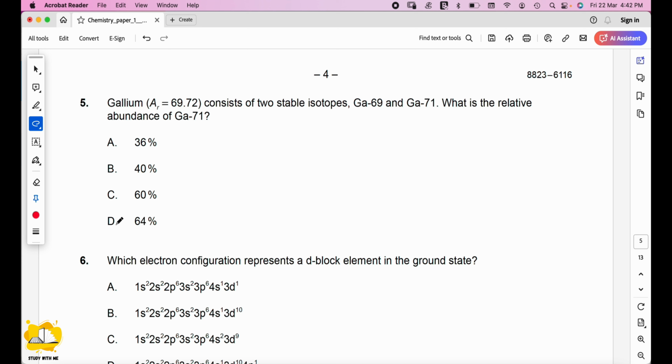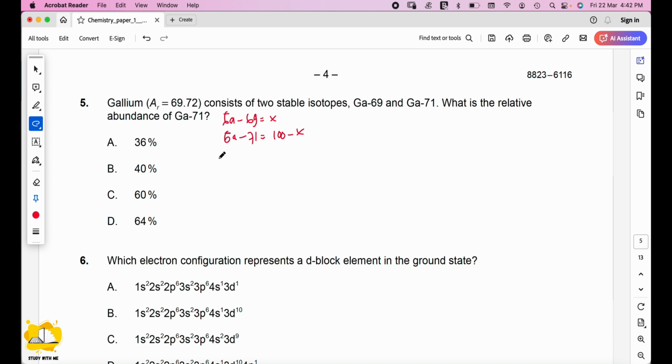For number 5, we will do a little bit of calculation as well. There are 2 isotopes, gallium-69 and gallium-71, with Ar 69.72. So let's make an example: gallium-69 as x and gallium-71 as 100 minus x.